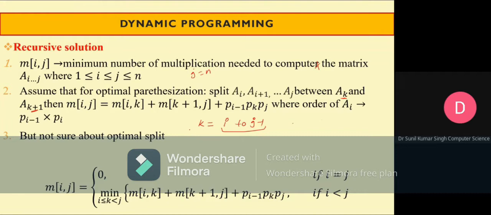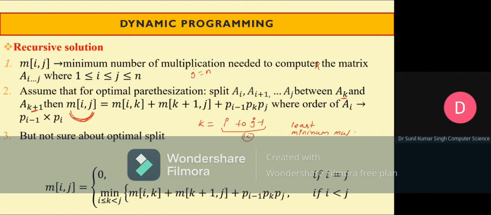And what we have to do for computing Mij is select the k for which Mij gives the least number of multiplications, the minimum number of multiplications.